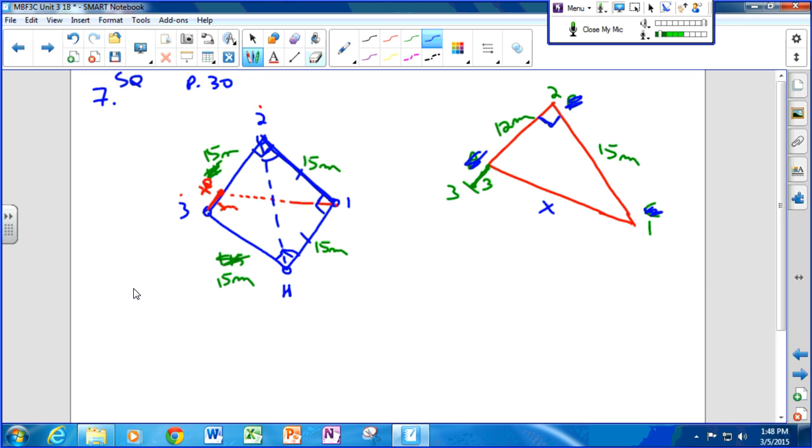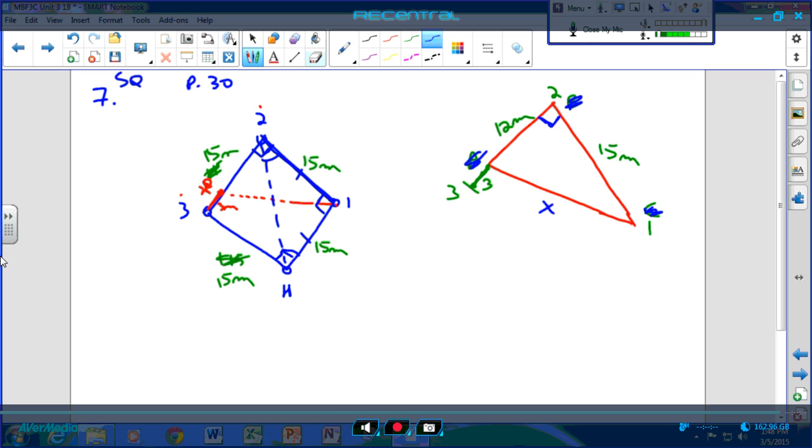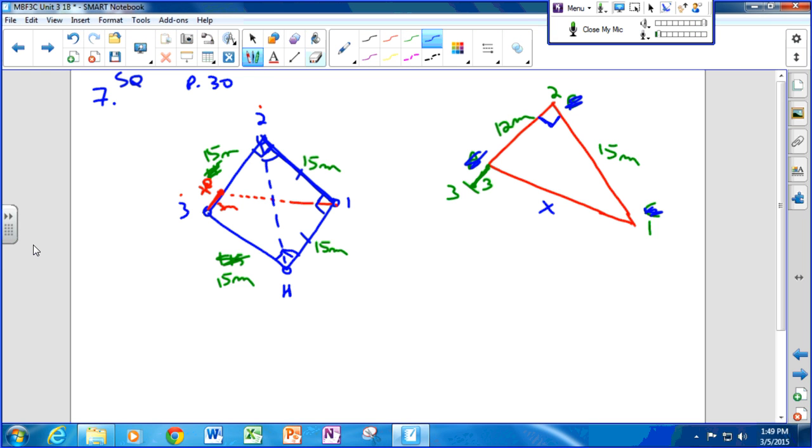Let's try it this way and see if our assumptions hold out. If that's 90 degrees, then really this is just a Pythagorean theorem type question, isn't it?